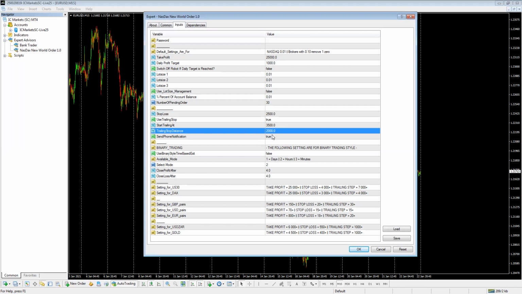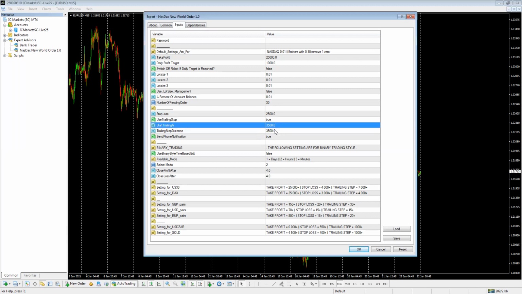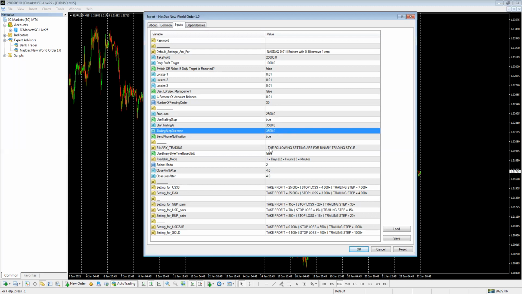That means anything else below that is secured as your profits. So as it moves, it will keep that distance of 2,000. But if you don't want to get stopped out randomly by spikes or pullbacks, you might want to make them the same. So whatever you have on your trailing start, you might have it on your trailing distance as well.